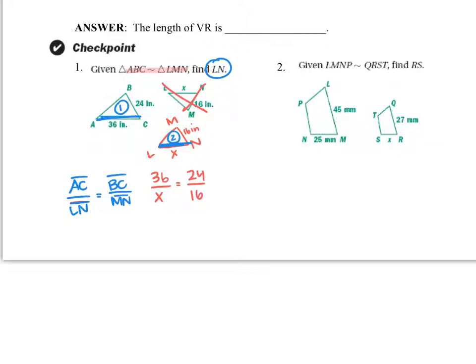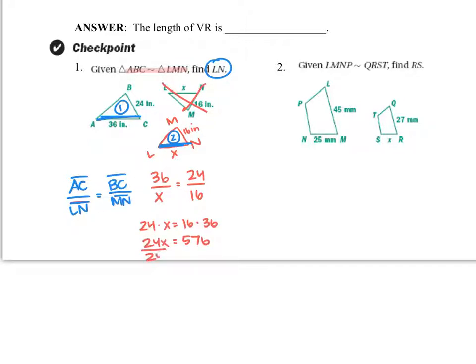Again, I'm going to use cross products to solve this, so I have 24 times X equals 16 times 36. You're welcome to get out your calculators. 16 times 36 is 576, and this is 24X.